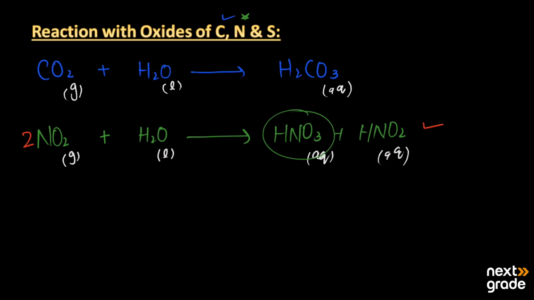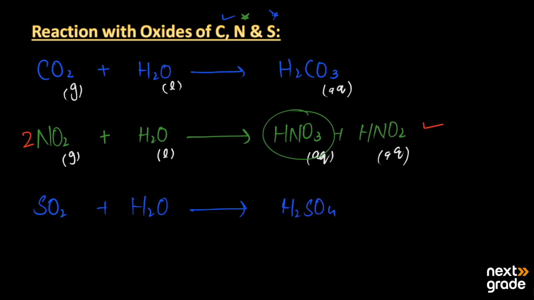Last one, or the third one, we have its reaction with the simple oxide of sulfur, which is sulfur dioxide plus water molecule, and it produces the simple acid which is known as sulfuric acid.